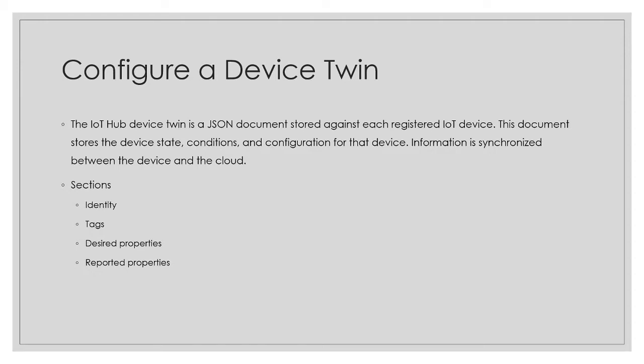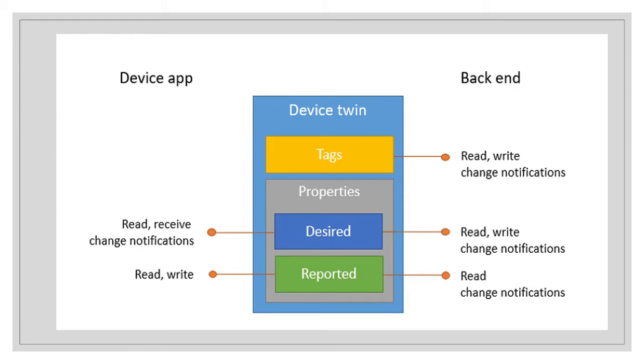Let us look at a demo on how we can do the tags as well as the desired properties and the reported properties. If you see the following diagram, as I was mentioning, in the device twin we have tags and properties, desired and reported. This is the device level, and this is our Azure IoT hub or our application level which is using the Azure IoT hub SDK.